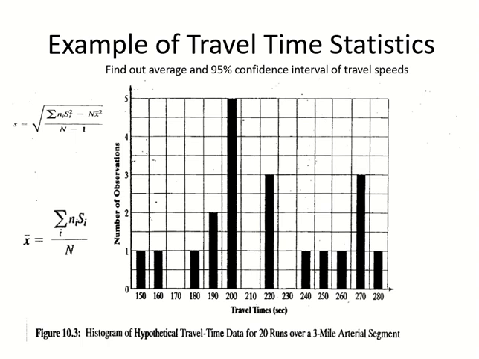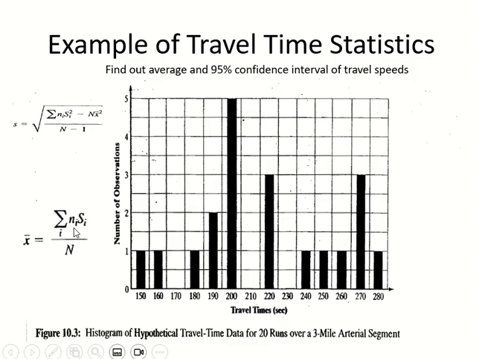So I need capital N, small n, and capital S. What is capital N? The total number of values. How many values do we have? 20 values. If this line was not written here, and they did not tell me they did 20 runs, I could count it from the frequencies.